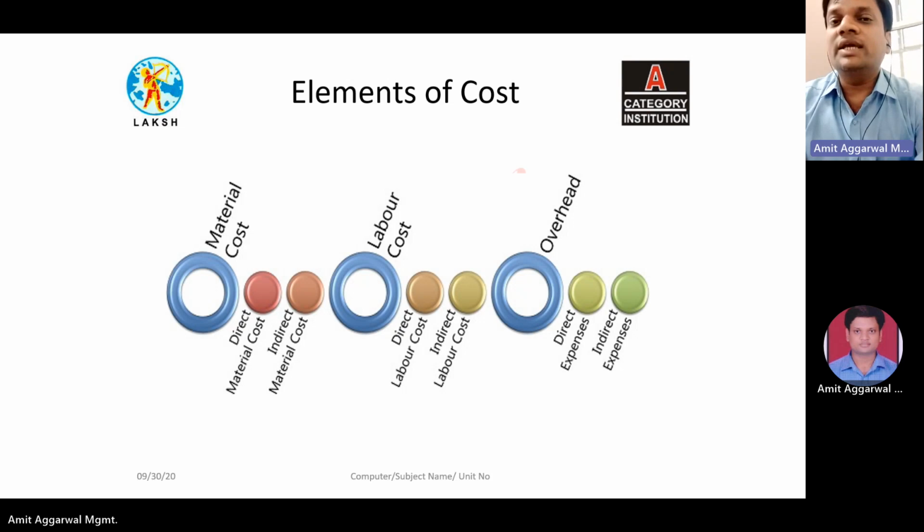As we know, each and every cost plays its own role. This small diagram helps further explain the elements of cost: material cost, direct material cost, indirect material cost, labor cost, direct labor cost or indirect labor cost, and the third one, other expenses or overhead, which is direct or indirect.